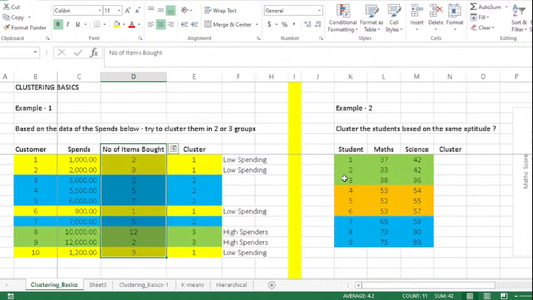If you spend 1 lakh rupees, you will have some promotions running. If you spend 3 lakh rupees, you will have other promotions. And less than 1 lakh, you have different promotions running.